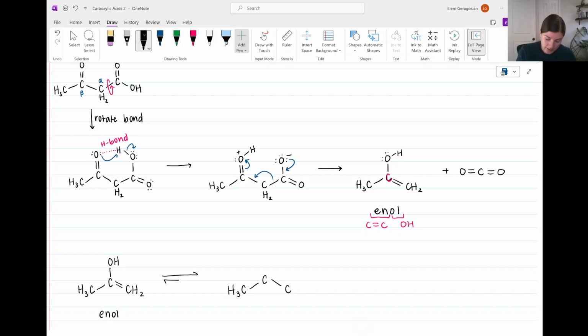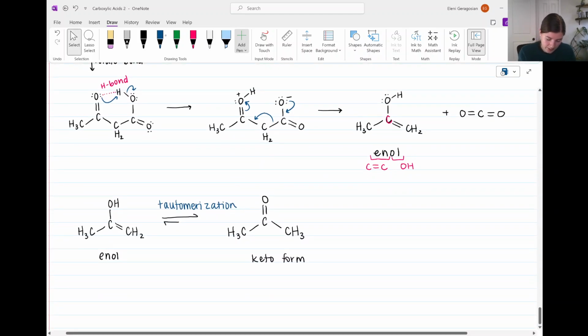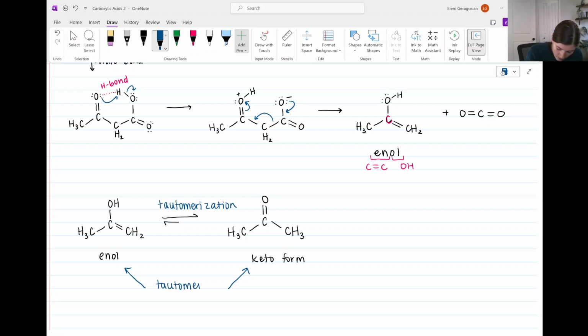But now the double bond will be to oxygen, and instead of a CH2 group on the right, we have a CH3. So this is the keto form of that specific enol that we've shown on the left. And this is called tautomerization. And we say that this enol and this ketone are tautomers of each other. So in future videos, we'll talk more about these tautomers and tautomerization.